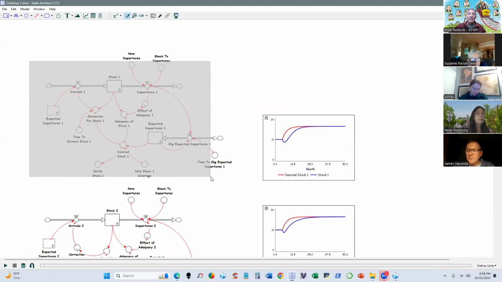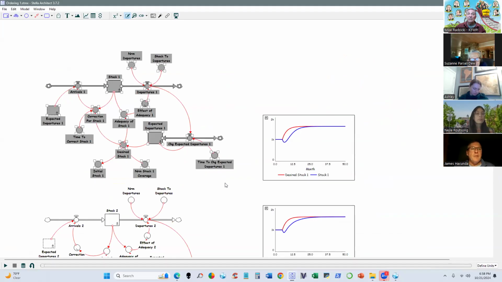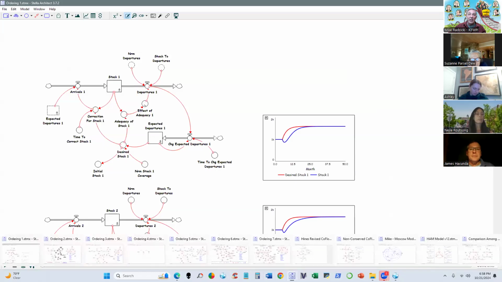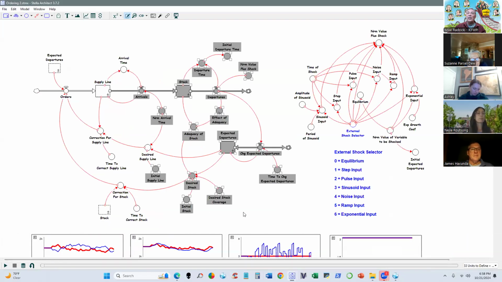If you don't quite see that, you've got to study it a little bit, but it's basically the same thing. But now we're adding something to it, right? We're going to add a first order material delay.